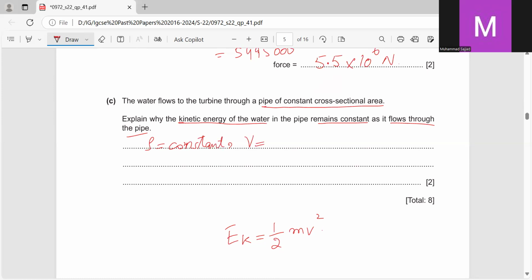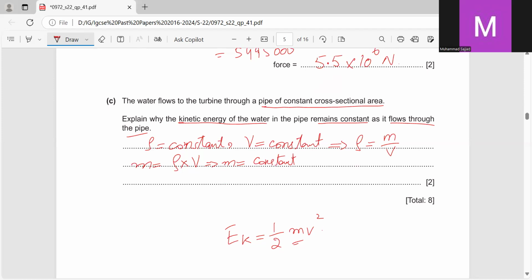Volume of this pipe is also constant. This implies that, now see, density is equal to mass per unit volume. We need mass to be constant. So making mass the subject, density times volume. When density is constant, volume is constant, so this implies that mass is also constant.